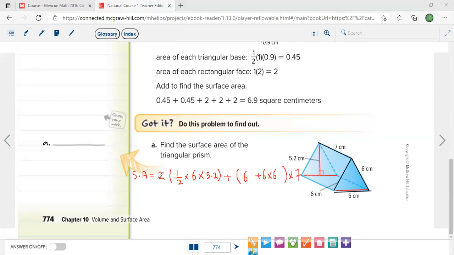So we can cancel the 2 with the half. So this one is like 6 multiplied by 5.2 plus I can add the three sides of the triangle, its perimeter of the base. It's called the perimeter of base. So this will be 18 multiplied by 7.